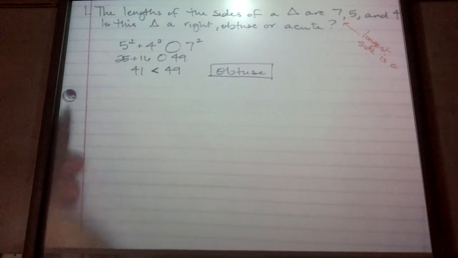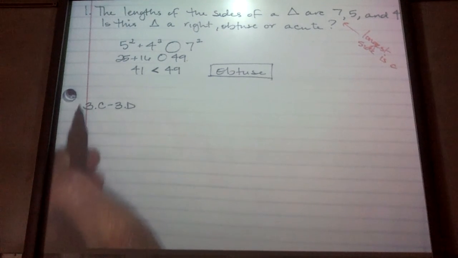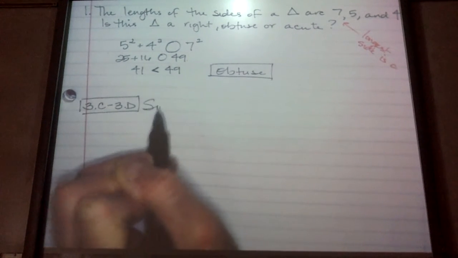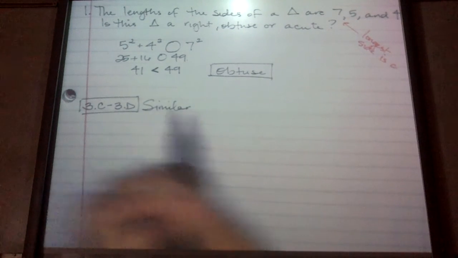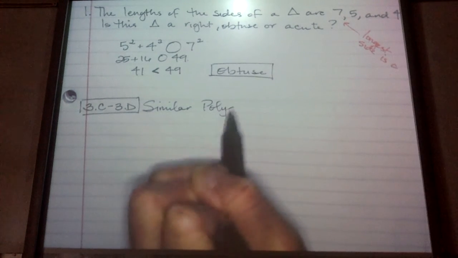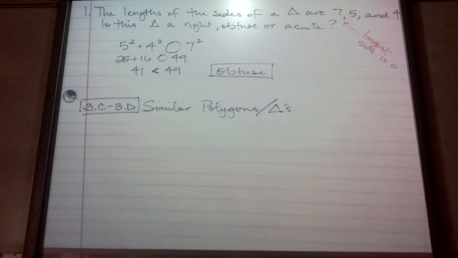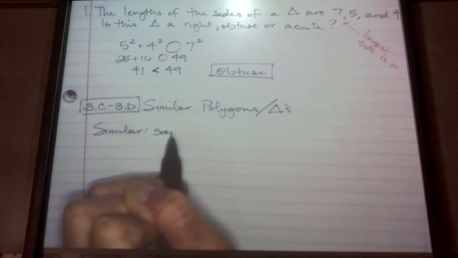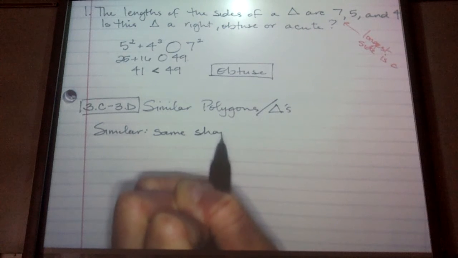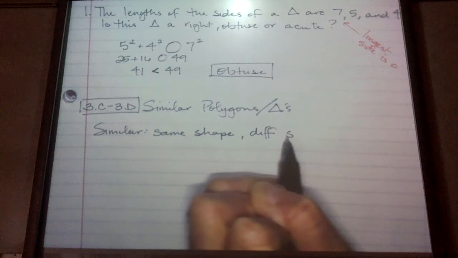So 3-point C and 3-point D have to do with similar polygons and triangles. So that has to do with similarity. I know that if they are similar, it means it's the same shape, but a different size.